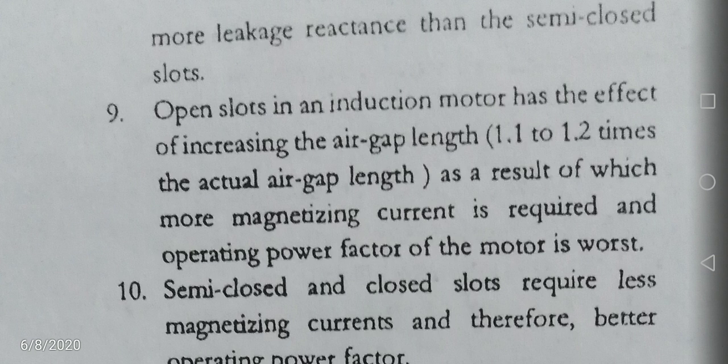In an open slot the air gap is more, so the reluctance is more, and then the flux is less. To keep the flux in the air gap constant, the magnetizing current drawn is more. As a result, the power factor is worse. So when the air gap increases, the power factor decreases.